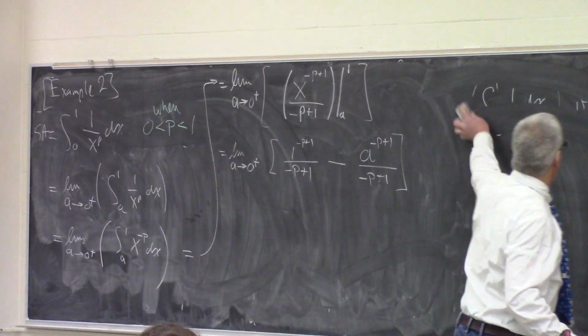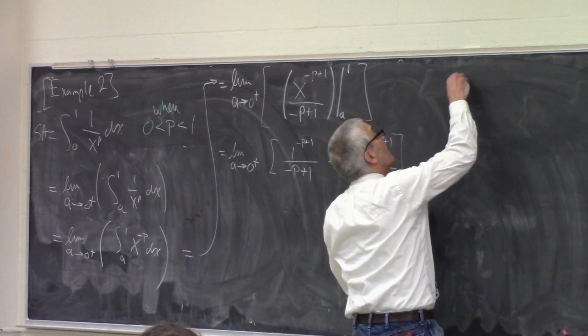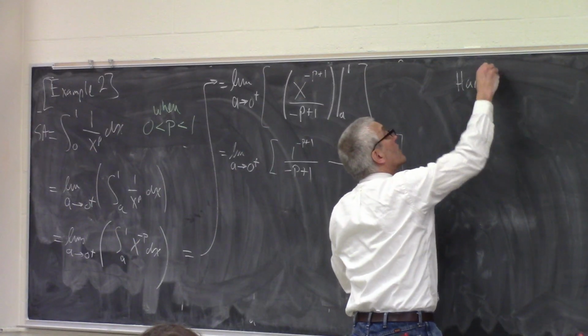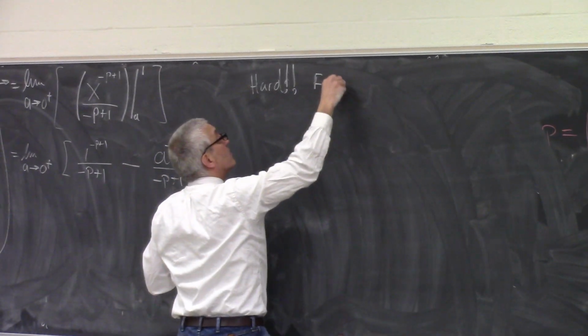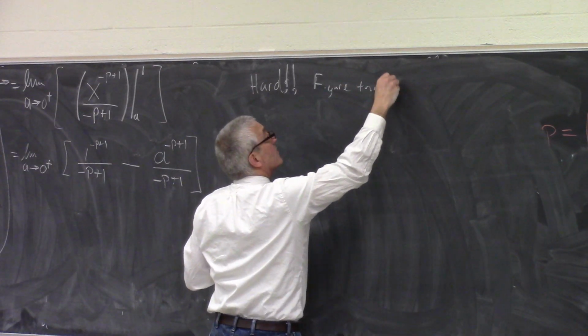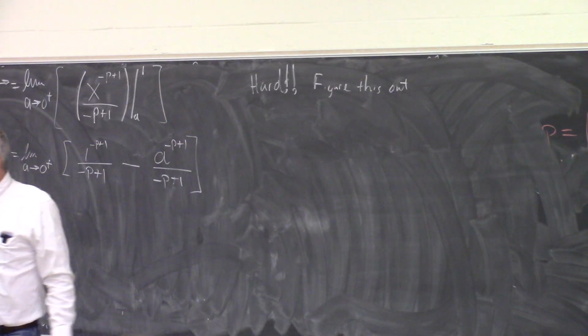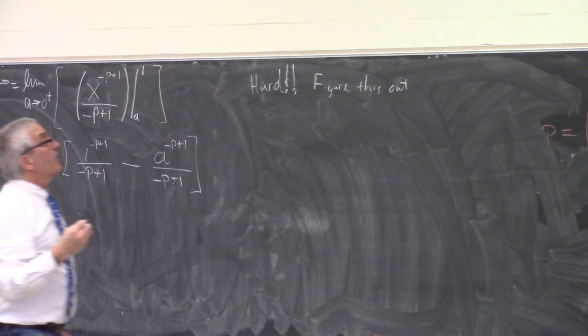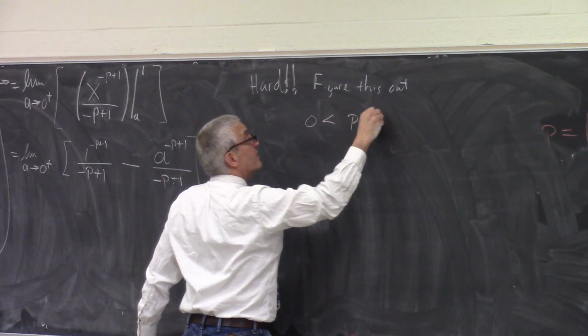We have to figure this out. There's no way to dress this up. This is hard. So 0 is less than p, which is less than 1.